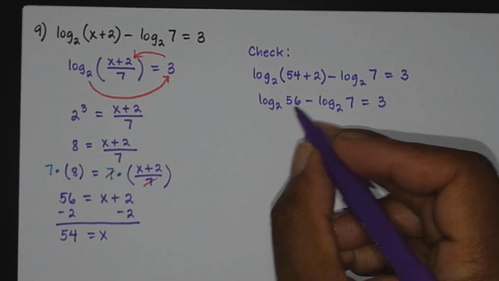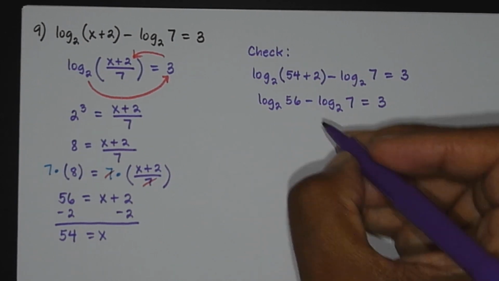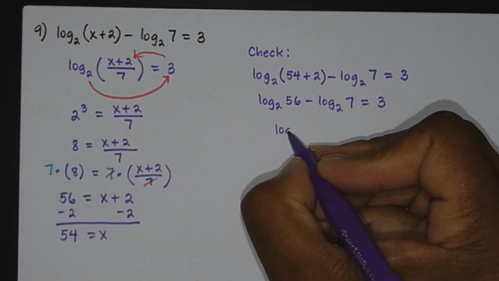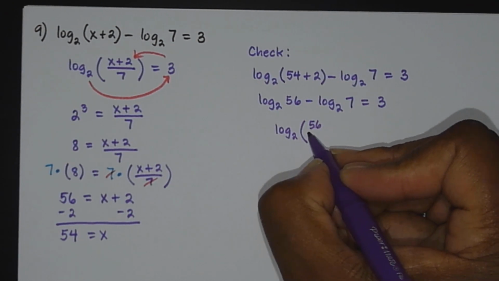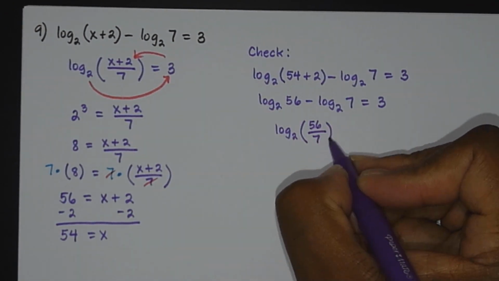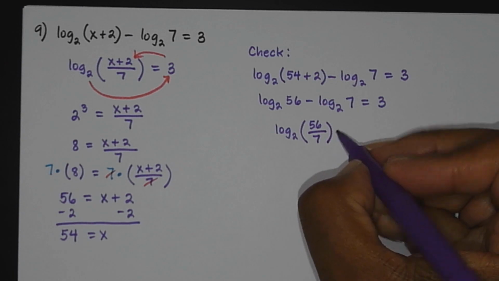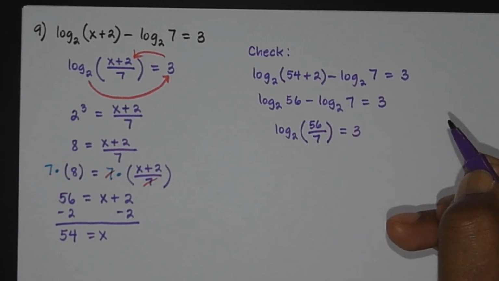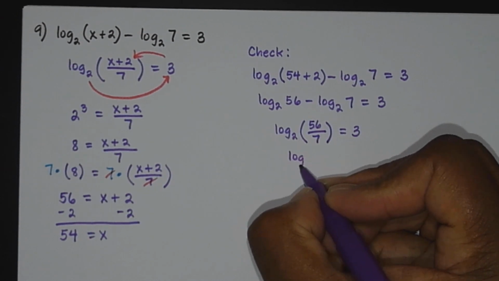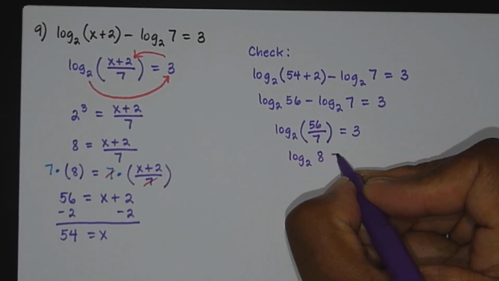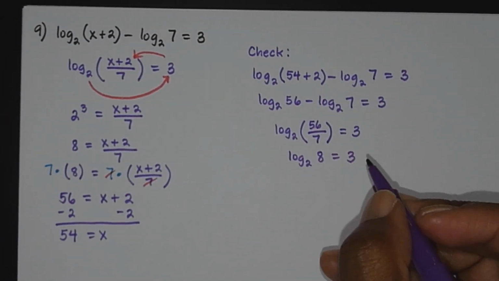And of course, the difference of the individual logarithms will be the log of the quotient. So it'll be log to the base 2 of 56 divided by 7 equals 3. And what's 56 divided by 7? 8. So it'll be log to the base 2 of 8 equaling 3.